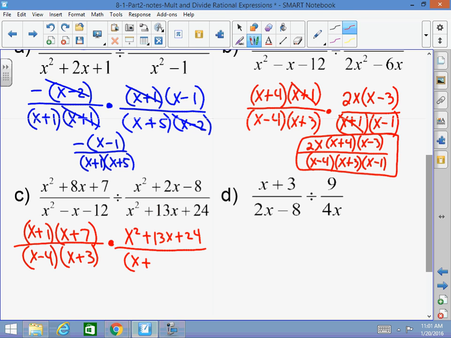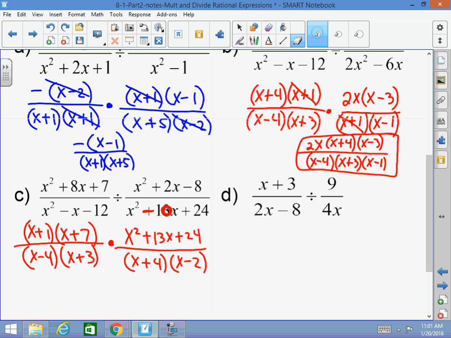let's see, this is x plus 4 and x minus 2. Okay, that's a bad one. That's a very bad one because this is not factorable here. This should have been, let's see if we can change this. It's 24. Let's make this a negative 10.